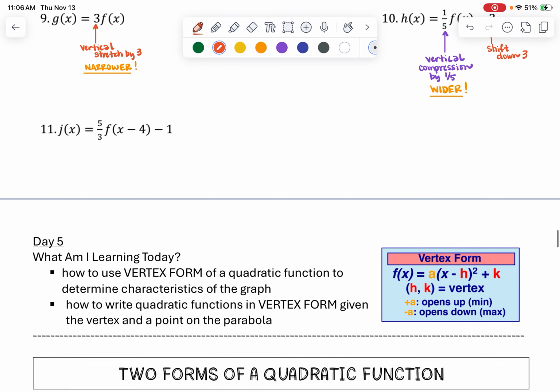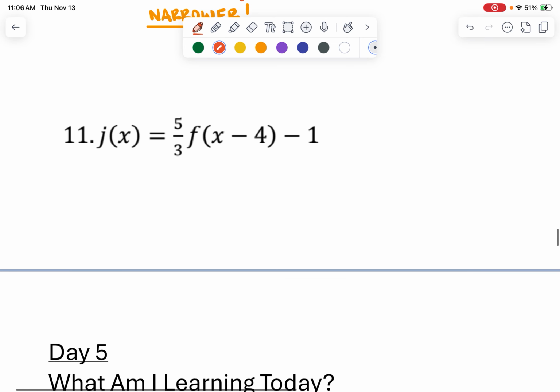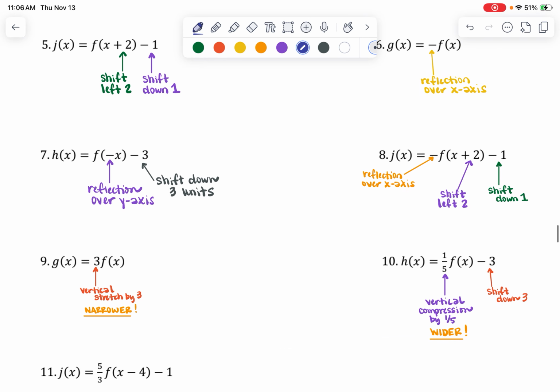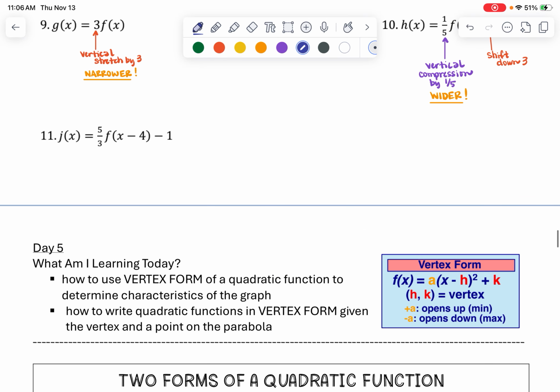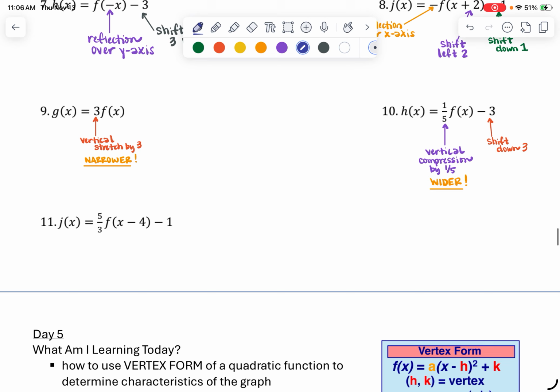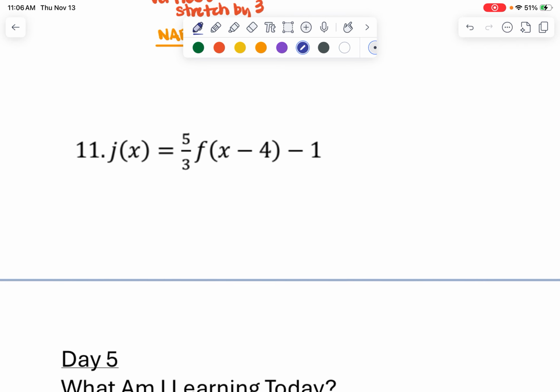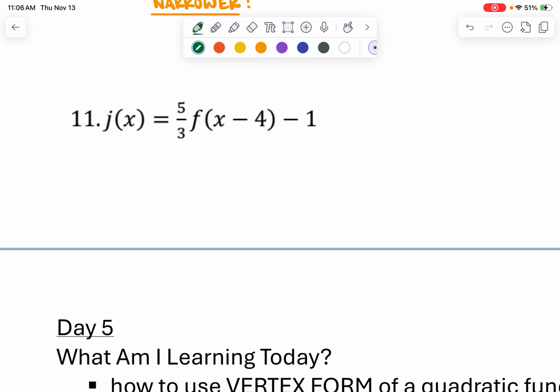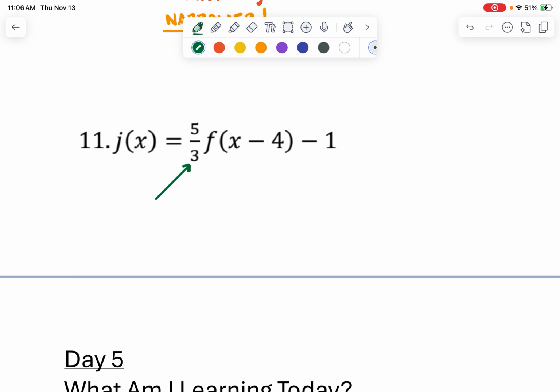All right. And then our very last one, we've got 3 things happening here. Noticing they didn't do any horizontal stretches or compressions. Anyway, okay. So we've got three things going on. So we've got this 5/3. Now be really careful. I know it's a fraction, but remember 5/3 is technically 1 2/3. It's a number bigger than 1, right?